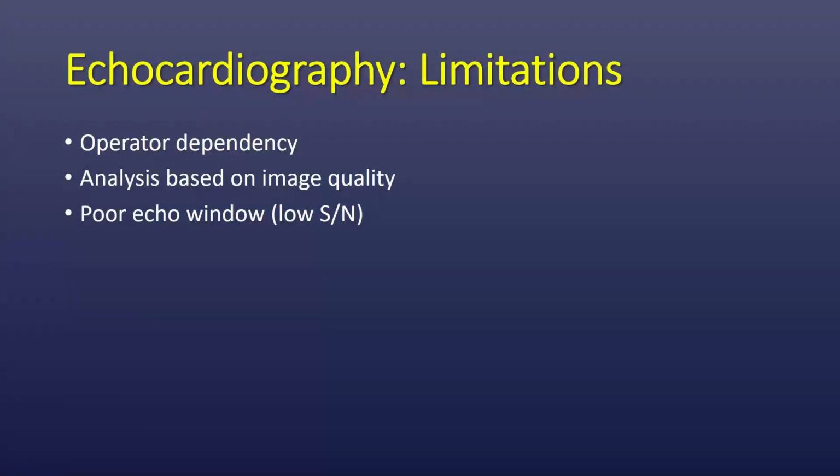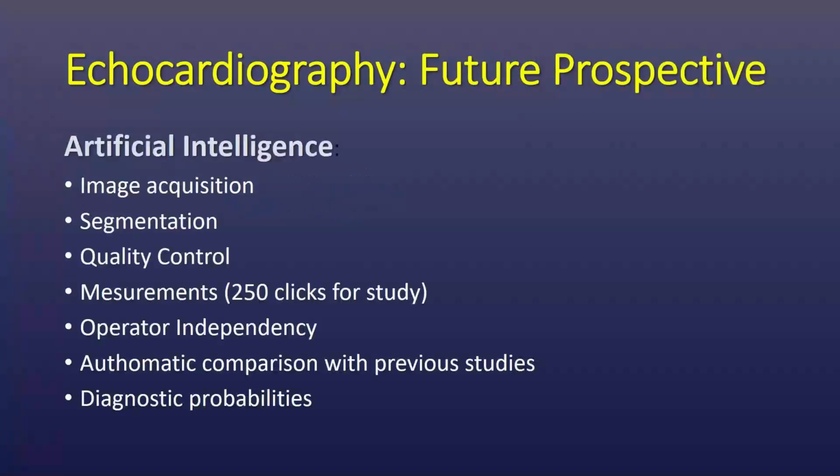So what will be the future perspective? Artificial intelligence is very important in the field of imaging and in the field of diagnostics. And probably the technique that will benefit the most from artificial intelligence will be echocardiography, because echocardiography is a technique more operator dependent.